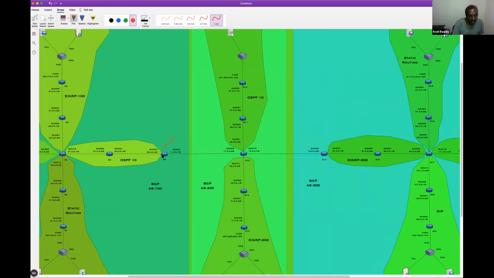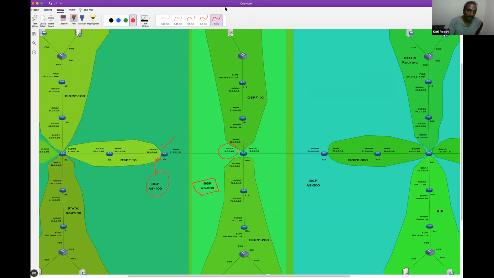First of all, I go to R9 and enable BGP in AS100 by giving the command router BGP 100. Then I say your neighbor is 11.0.0.2. The remote AS which it belongs to is 200. That's how I configure BGP on R9.